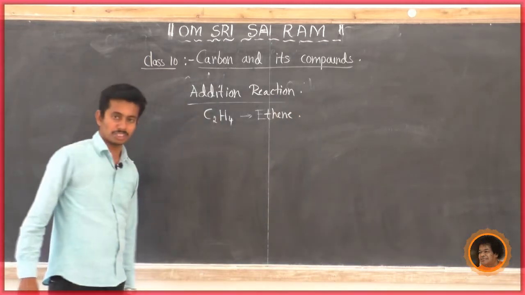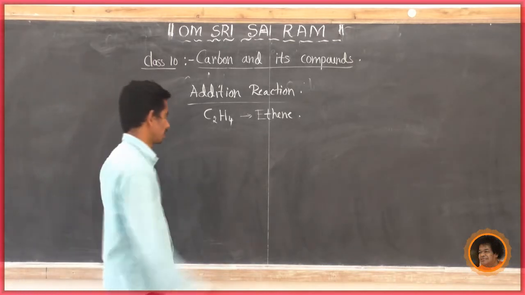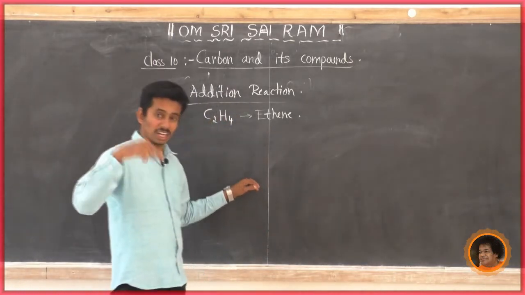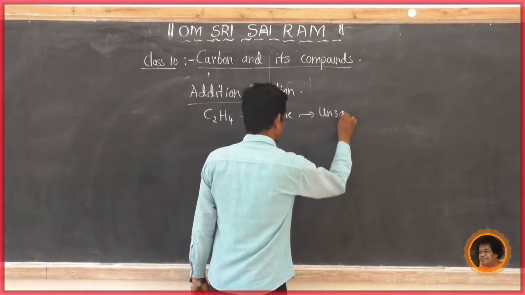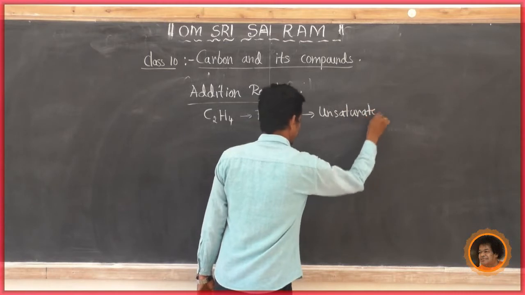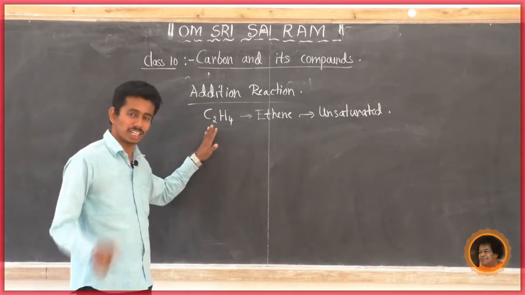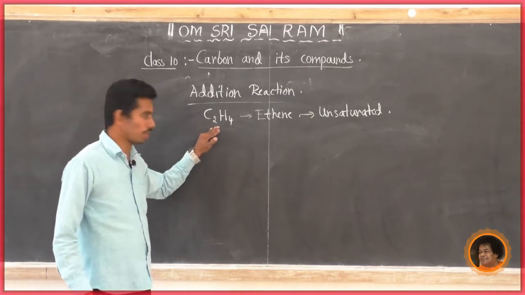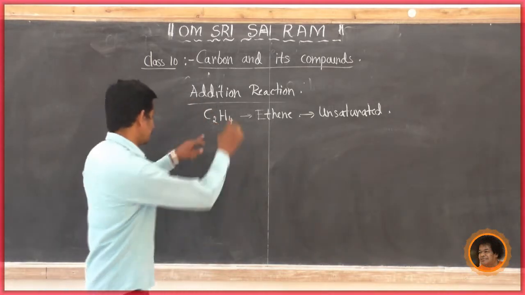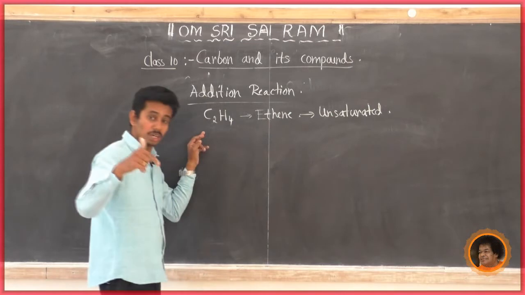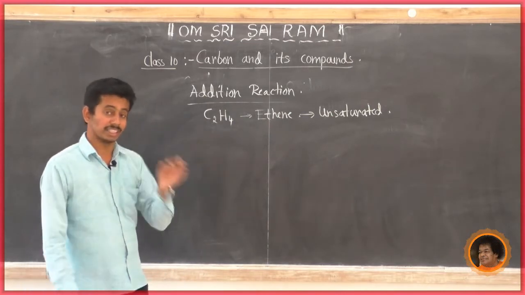So C2H4 means ethene. Just tell me, is ethene a saturated or unsaturated hydrocarbon? Alkenes and alkynes are unsaturated, so they are unsaturated hydrocarbons. Now tell me, is it possible to convert this ethene, or alkene, into alkane? Can we convert this unsaturated hydrocarbon into alkane? Yes, it is possible.